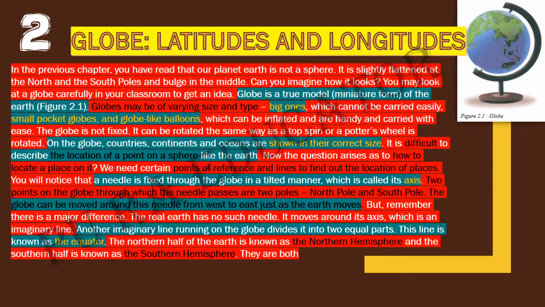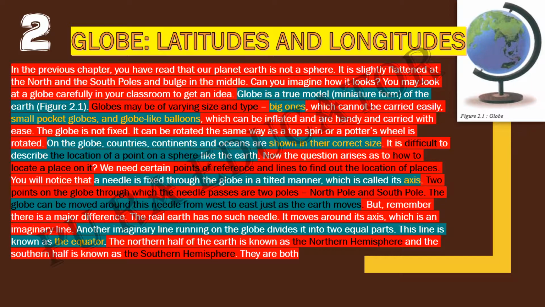Now friends, we'll be dealing with the chapter Globe, Latitudes and Longitudes in detail. In the previous lecture, we studied our planet Earth in the chapter Earth in the Solar System. In that chapter, we saw the Earth is flattened at the North and the South Pole and is bulged in between. Can you imagine how the Earth looks?